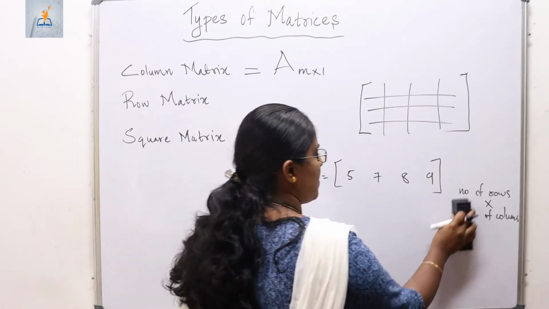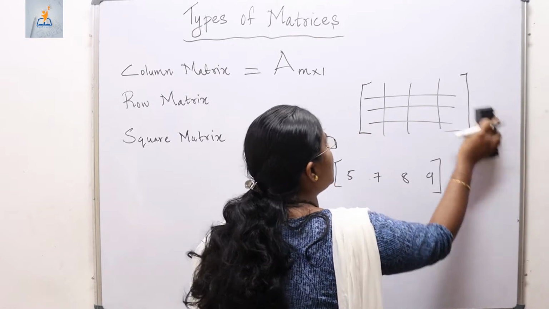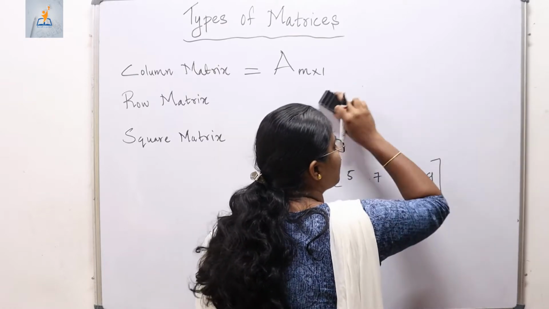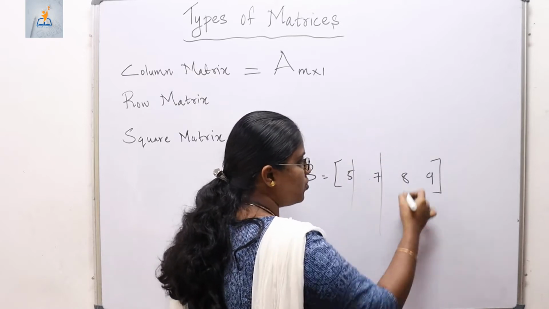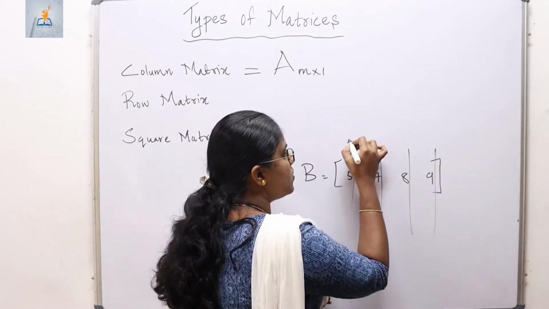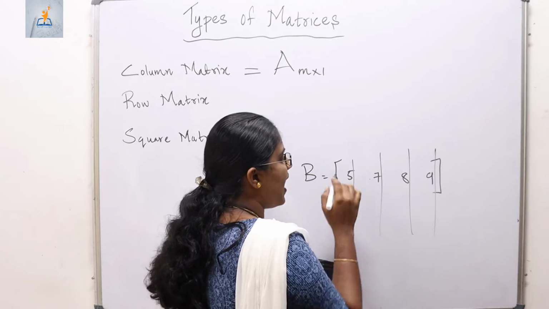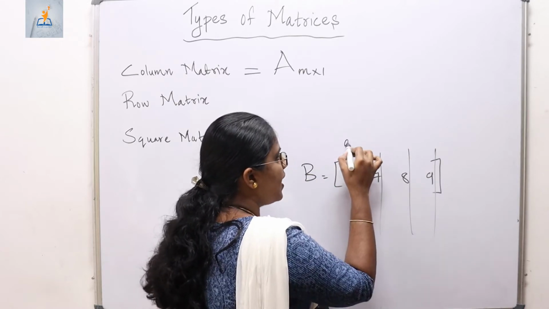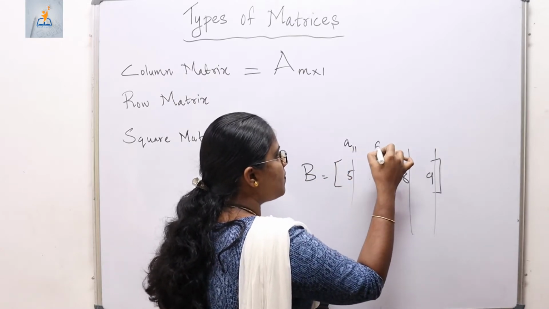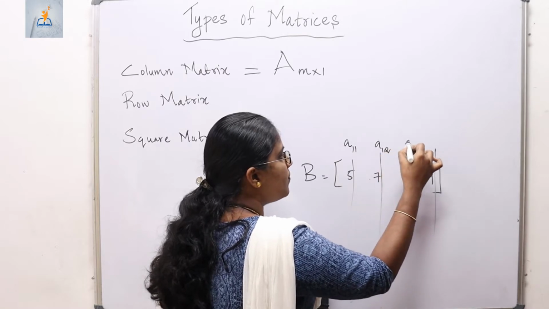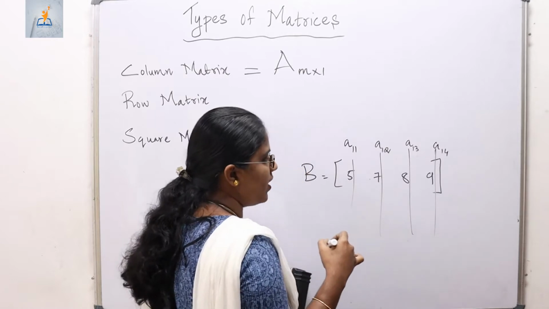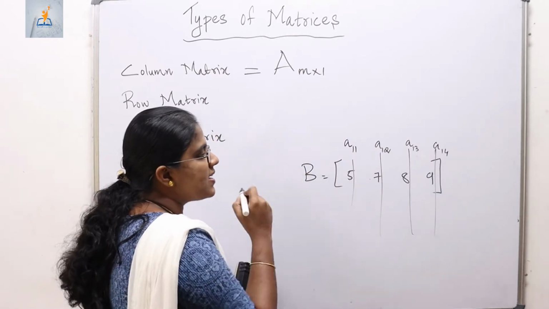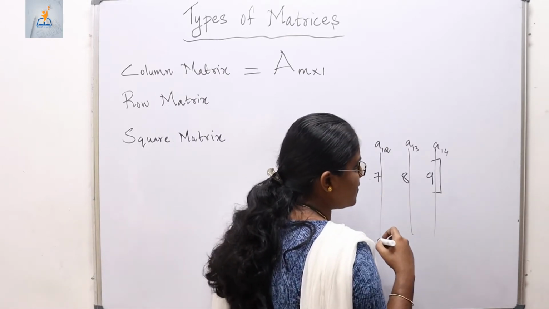This is an example of a matrix, and how many columns does this matrix have? 1, 2, 3 and 4. So there are 4 columns and the elements are called A11, A12, A13 and A14.